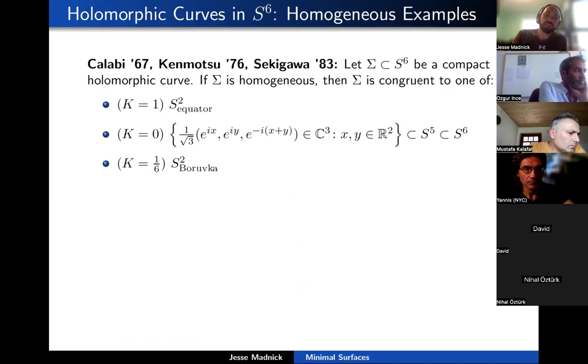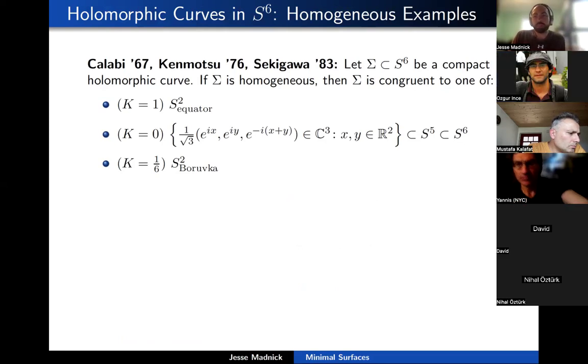If you combine results of Calabi, Kenmotsu, and Sekigawa, you get the following. Suppose sigma is a compact holomorphic curve in the 6-sphere. It turns out that there are only three homogeneous examples of such. There's the equator, which has Gauss curvature 1. There's what's called the equilateral torus, which lives in the equatorial 5-sphere. Sometimes I guess that's the Clifford torus in S5.